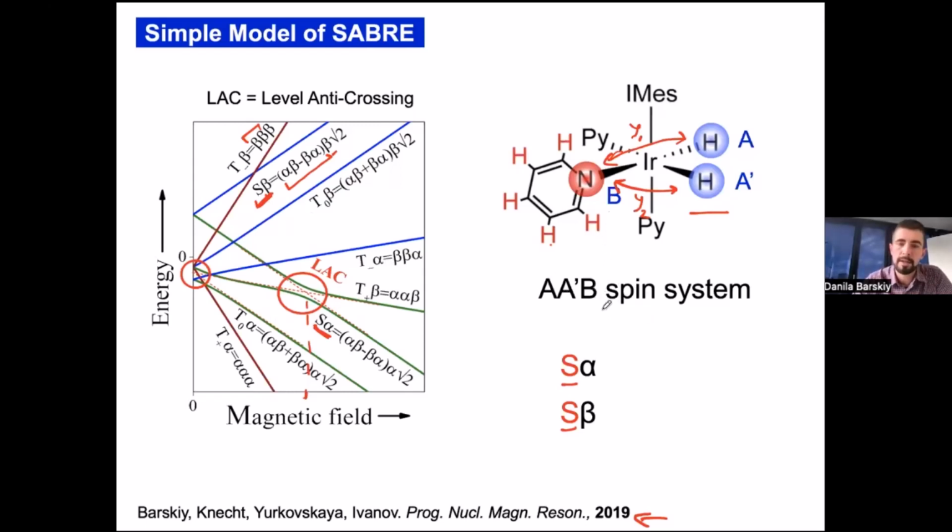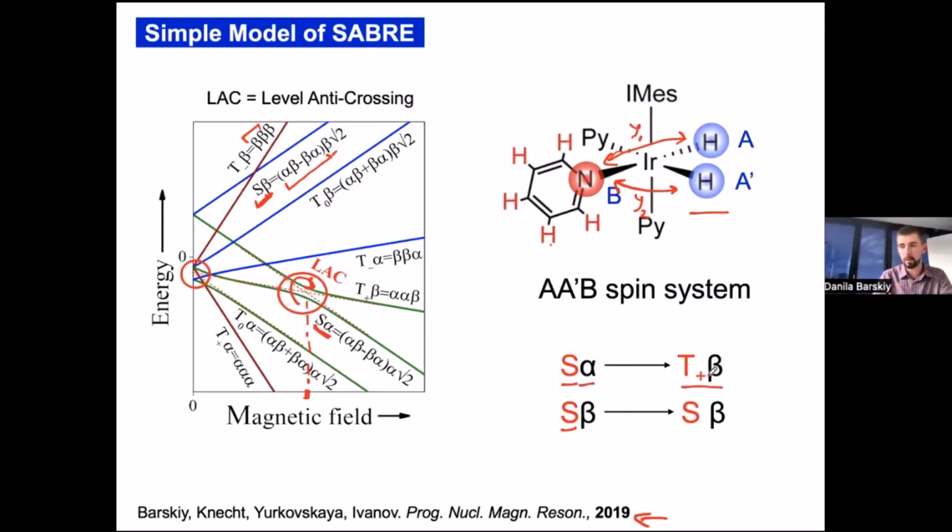So, and then by saturating with parahydrogen, you can actually see that in this level anti-crossing, and that's a useful picture. And the reason why we like these level anti-crossings is that you can start polarization transfer between levels associated with level anti-crossings if you come and do your bubbling of parahydrogen at that field. So indeed, you notice that singlet alpha can be transferred into triplet plus beta.